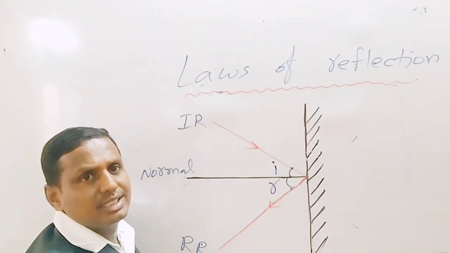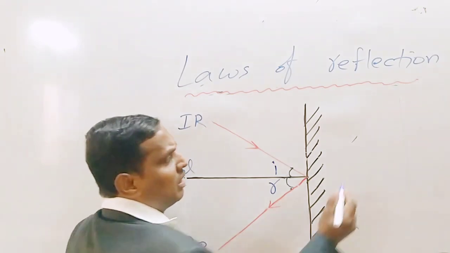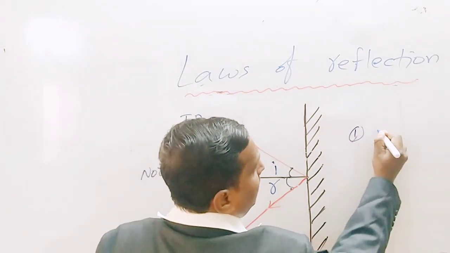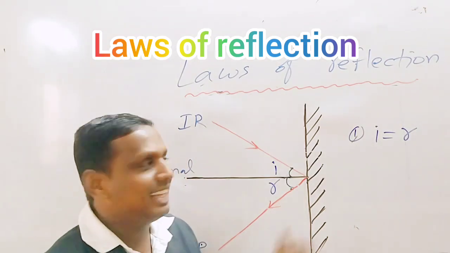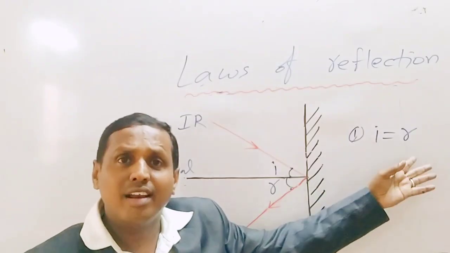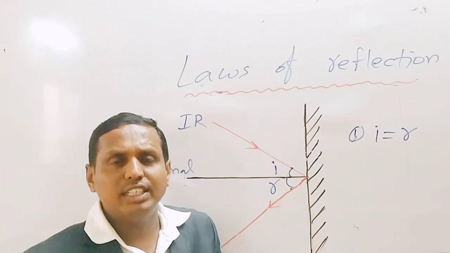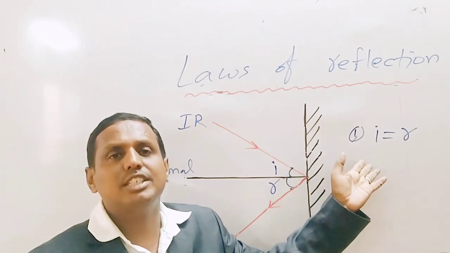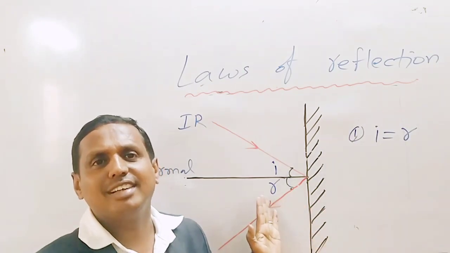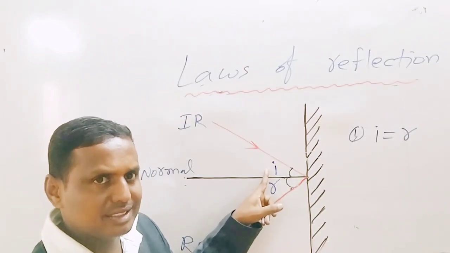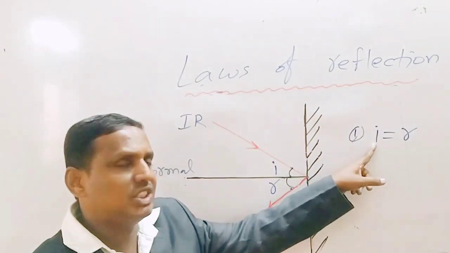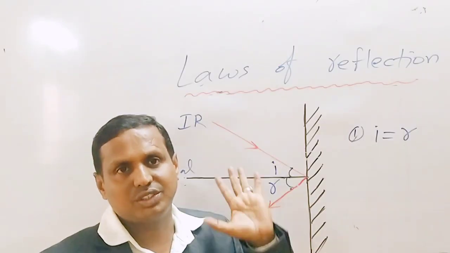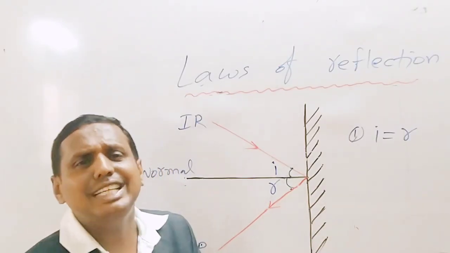The first law is very simple. I equals r. Angle of incidence equals angle of reflection. If suppose I is 30 degrees, r is 30 degrees. Very simple. That's all. First law.